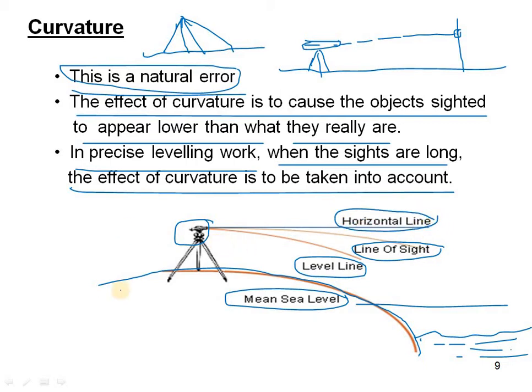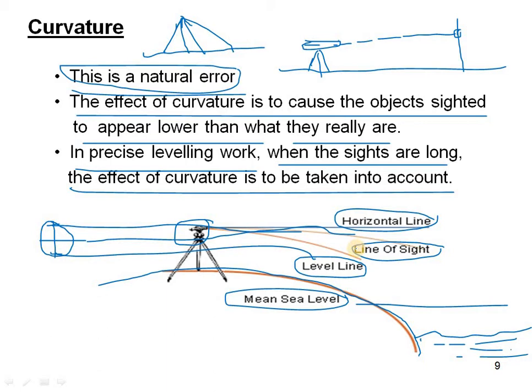So in our diaphragm we have three lines. The center line is the line of sight, the upper one is the horizontal line, and the bottom line is the level line. These three lines indicate the earth curvature.